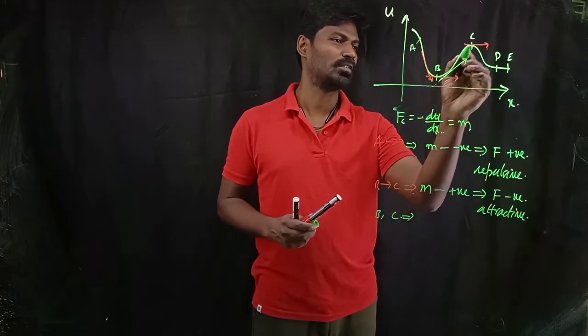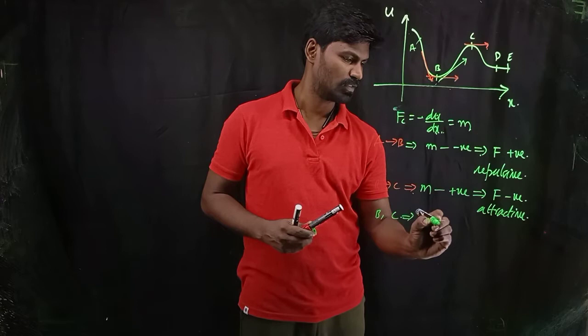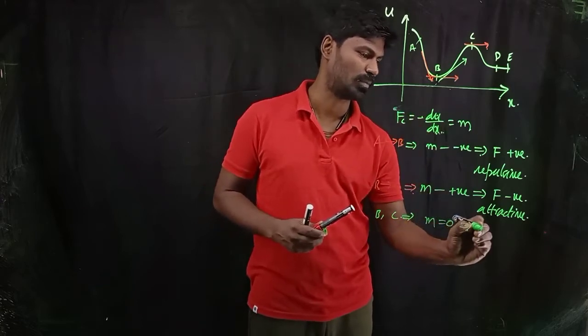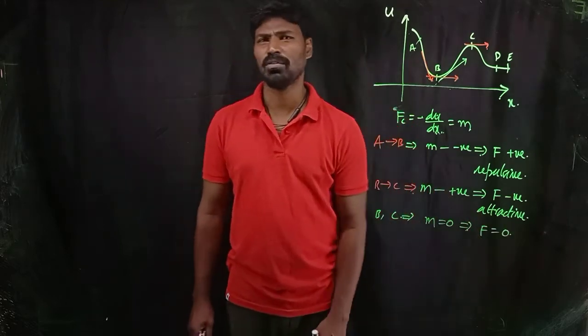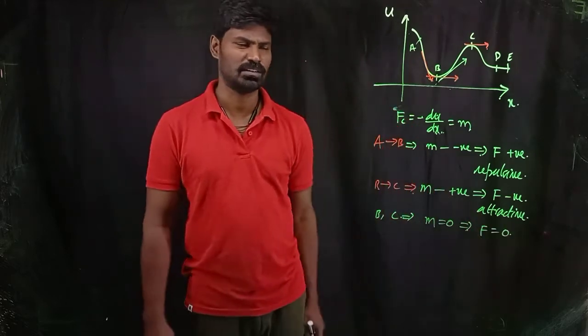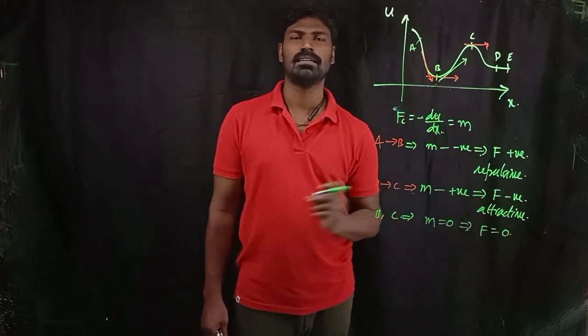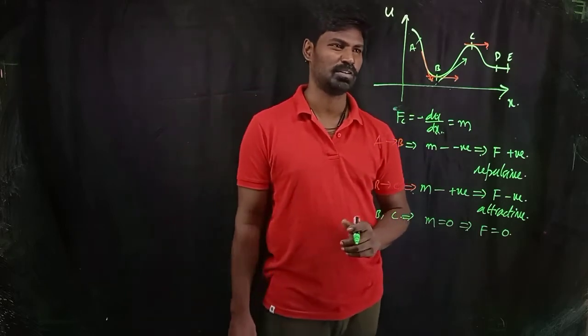This tangent is parallel to the x-axis, because of which the slope is 0. When the slope is 0, du by dx is 0, then the force acting on the particle is 0. In my previous lecture I told you, when the resultant force acting on the particle is 0, what can we say? It corresponds to an equilibrium position.